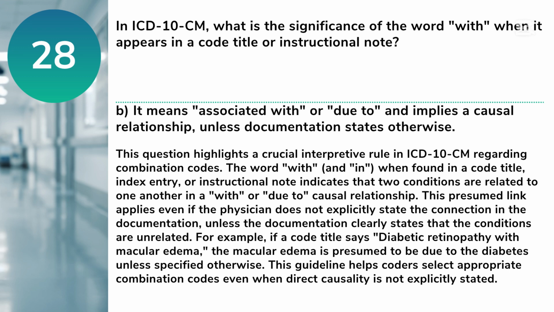For example, if a code title says diabetic retinopathy with macular edema, the macular edema is presumed to be due to the diabetes unless specified otherwise. This guideline helps coders select appropriate combination codes even when direct causality is not explicitly stated.